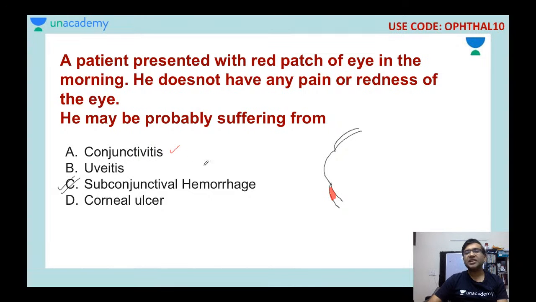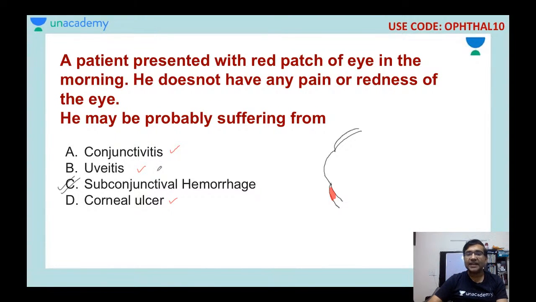Remember, whenever the patient is having a conjunctivitis, the patient would have a discharge in the eye. Whenever the patient is having uveitis, the patient would be having not just a patch, he would be having a circumcorneal congestion, and the patient would also have a redness, or the patient would also have pain. Then the patient with corneal ulcer would also have pain.